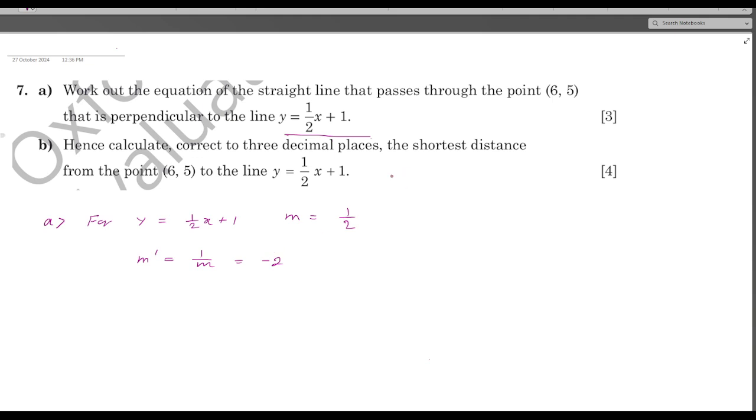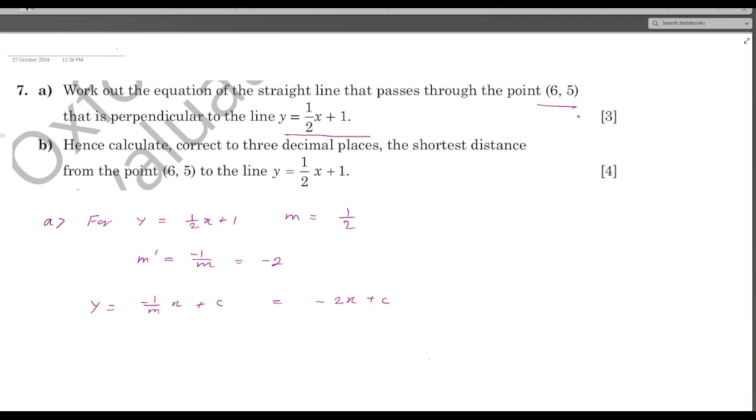So the equation of the perpendicular line will be y = -1/m x + c, which equals -2x + c.